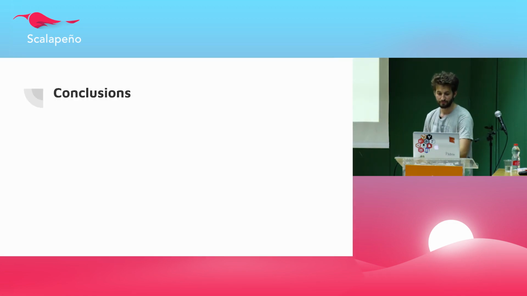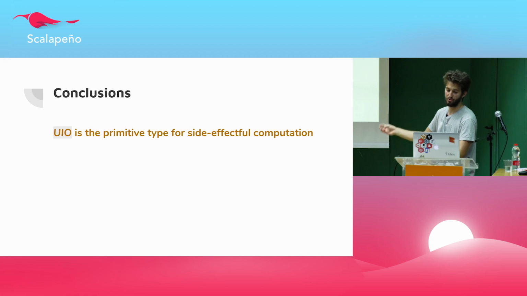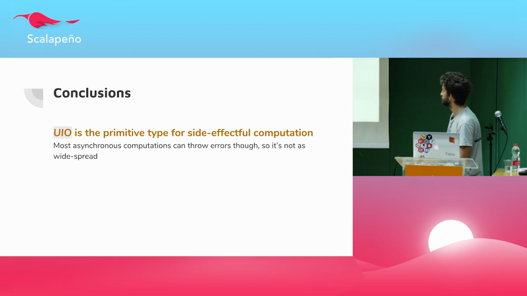So conclusions. UIO is kind of like the primitive type for side effectful computations, because IO is kind of like UIO and EitherT stacked together. And most asynchronous computations, they can throw errors, right? Because asynchronous computations are usually over some network, and that can always fail somehow. So usually what we want is not UIO, but it is something like IO with an error type.